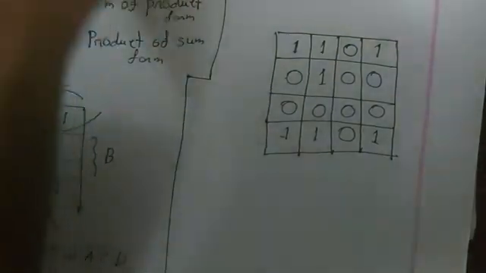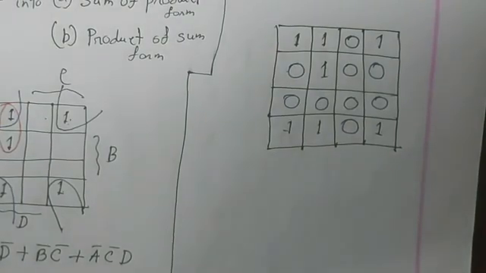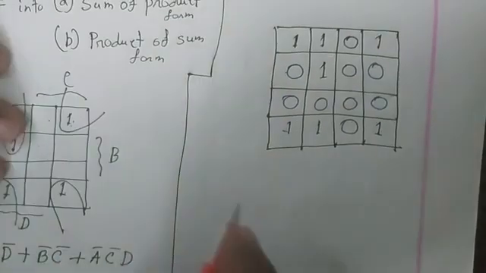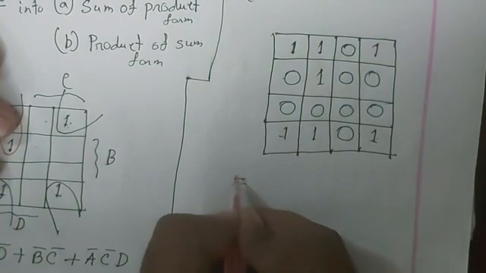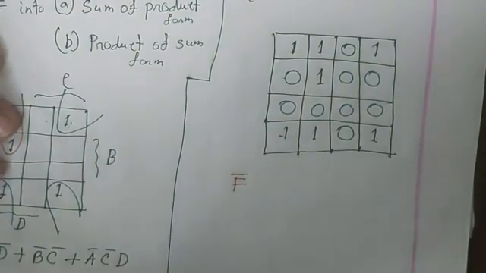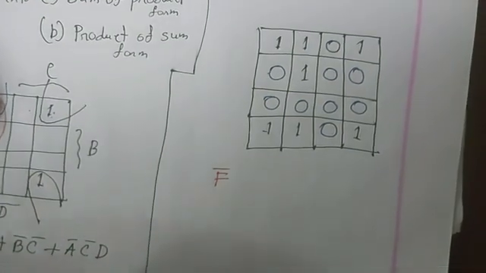What if we make a group of zeros? Then we are supposed to get the simplified form for f prime. So let's try to make the groups for zeros.